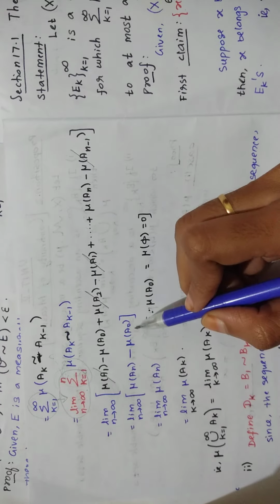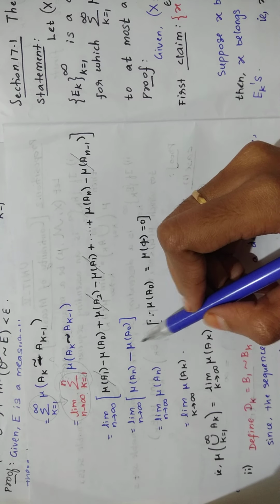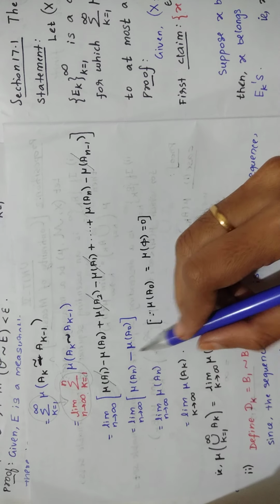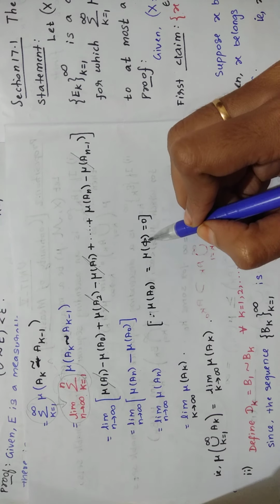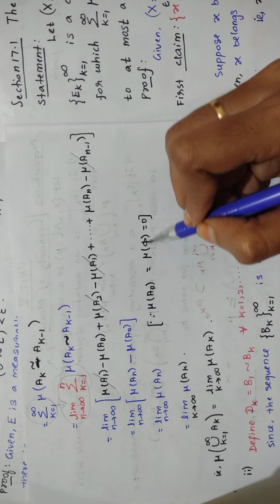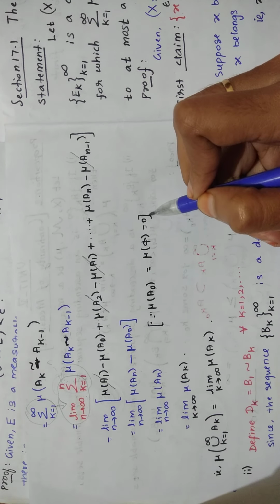Now from this, in the first line of case 2, you have defined a0 equal to empty, right? So that is what you are using here. Mu of a0 is equal to mu of, in the place of a0 you are putting empty because you have defined it like that. So mu of empty, measure of empty is what? 0. So that is what you are writing here.